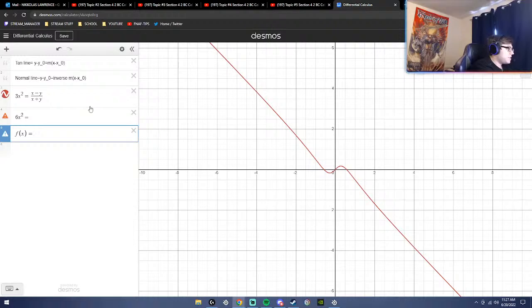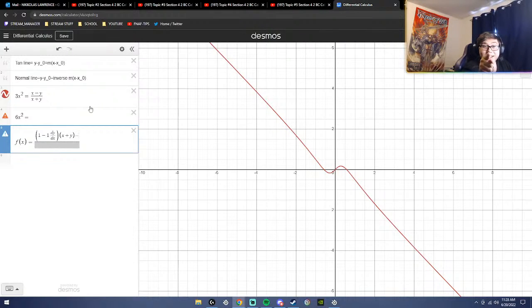It's the derivative of the top, so it would be 1 minus 1 dy dx, because we took the derivative of the y. Oh wait, I'm gonna have to divide. There we go. And then times the normal of the bottom, x plus y.